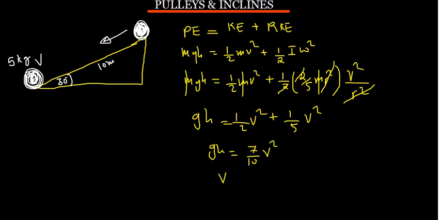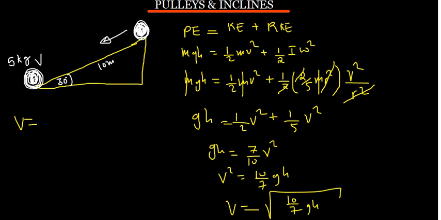So I can also say V squared is equal to 10 over 7 gh. Then V is going to be the square root of 10 over 7 gh. Therefore, the velocity of this sphere is going to be the square root of 10 over 7 times g, where g is 9.8.